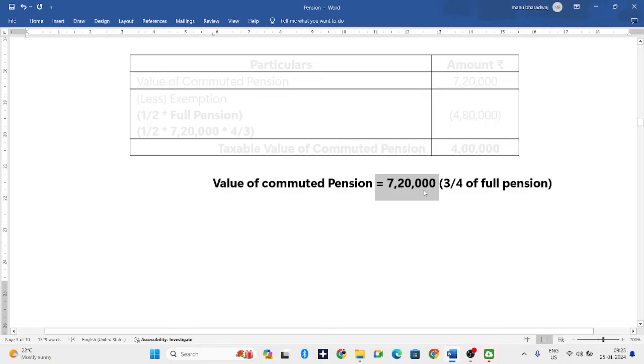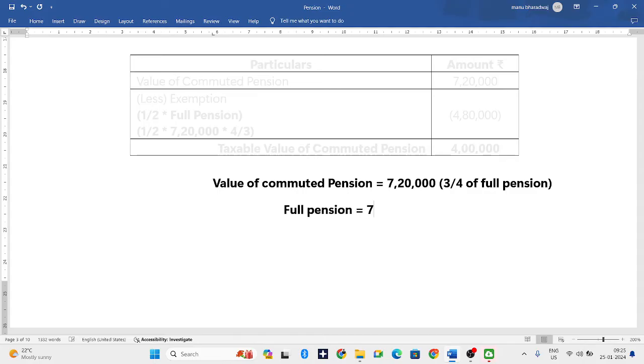The 7,20,000 is only 3/4 of the full pension. So we want to know what is the full pension. In order to get full pension, we have to multiply 7,20,000 into the reverse, 4/3.